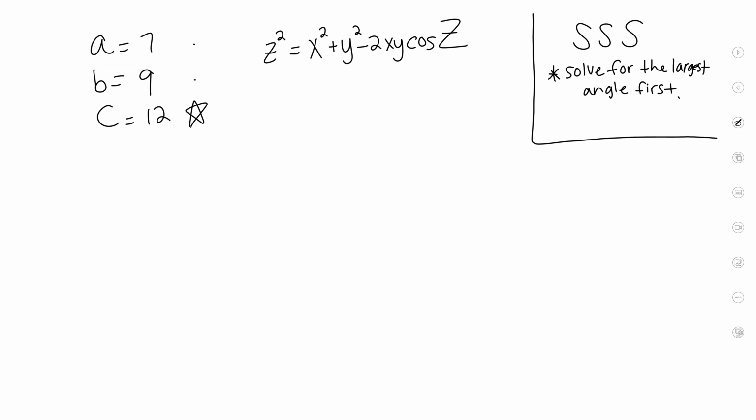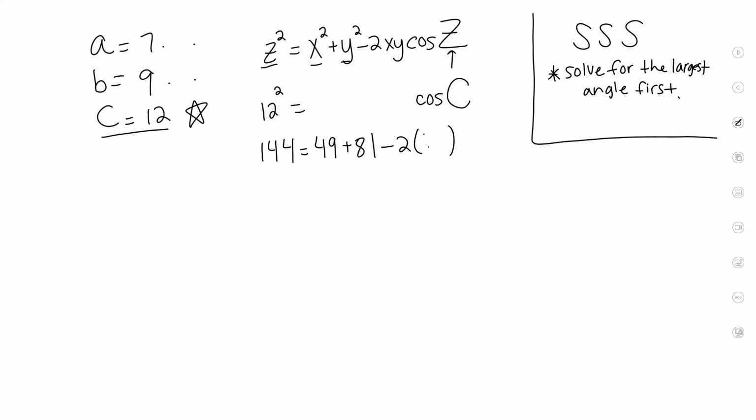So that means this right here will be cosine of C, because I want that angle, and this will be 12 squared, which is 144. That leaves this and this to go here and here. So 7 squared is 49, plus 9 squared is 81, minus 2 times 7 times 9 is 63, cosine of C. So we are solving for the largest angle first.